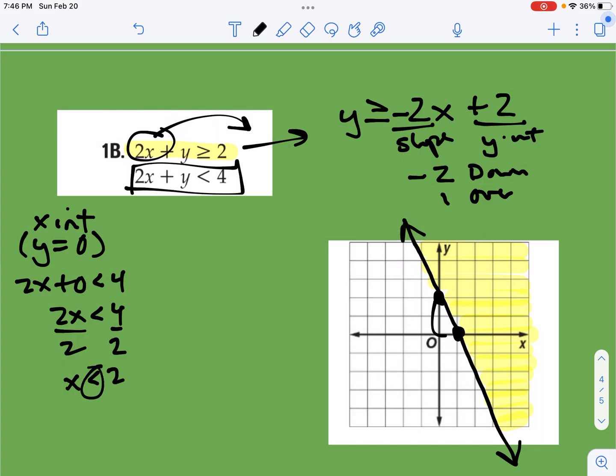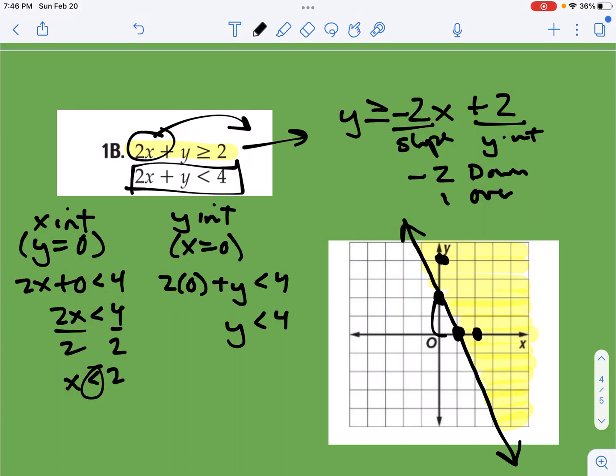So x equals 2, which is right here at this point. Now for my y-intercept, I'm going to make x equal to 0. So we have 2 times 0 plus y is less than or equal to 4, so y is less than or equal to 4. So let's go up to 4 and put a point, and that's going to be dashed. So we have this going on here.